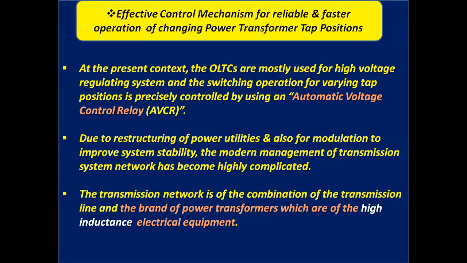Due to restructuring of power utilities and also for modulation to improve system stability, the modern management of transmission system networks has become highly complicated. The transmission network is a combination of transmission lines and banks of power transformers, which are high inductance electrical equipment.